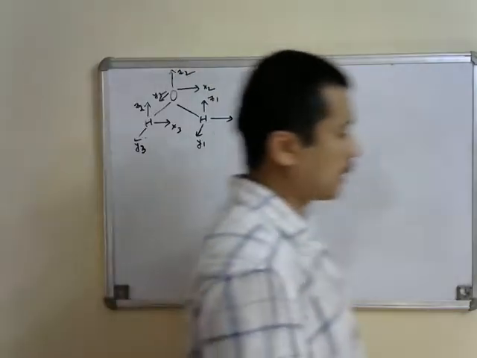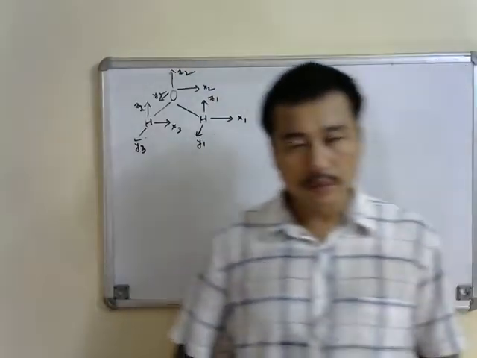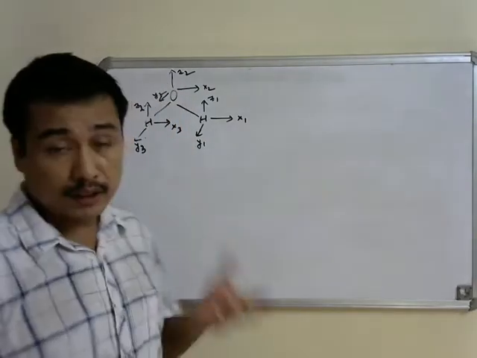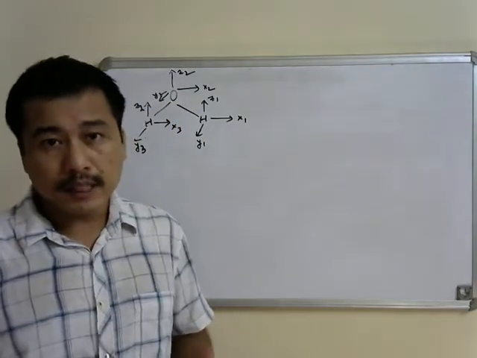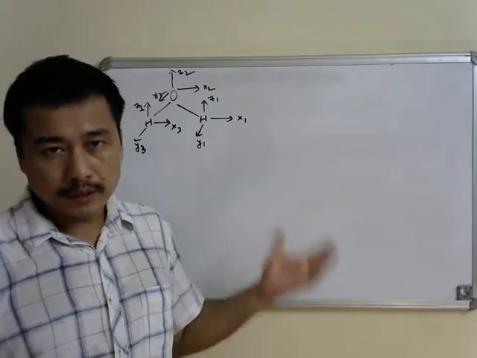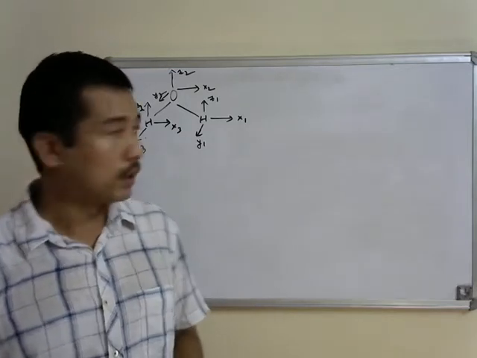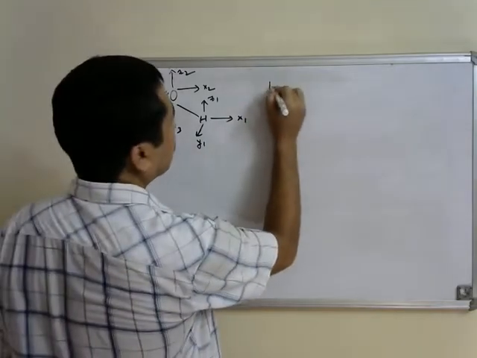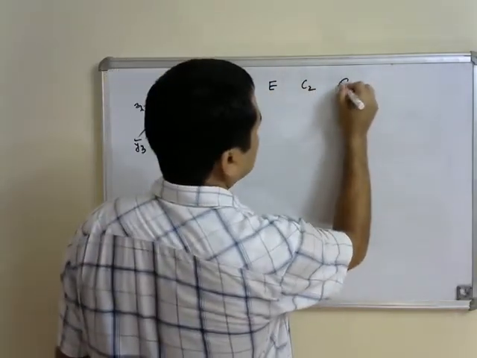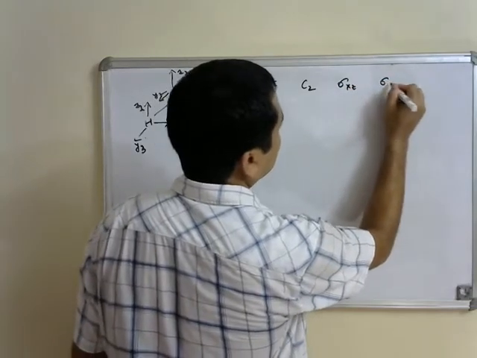Now we will take the 3n degrees of freedom of the water molecule, the displacement vectors on each of these atoms, as the basis to write the matrix representation for different symmetry operations in the water molecule. Again, we have to write the matrix representation for identity, C2, and then sigma xz and sigma yz.